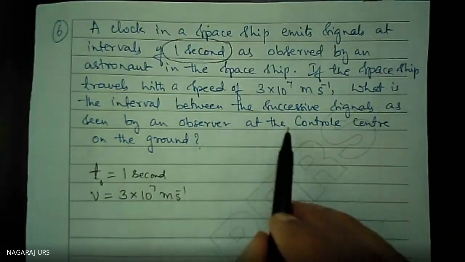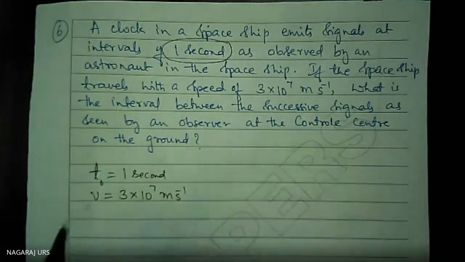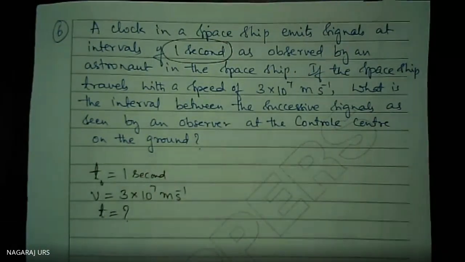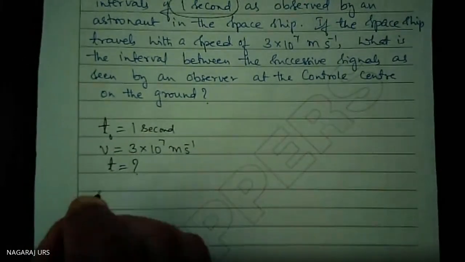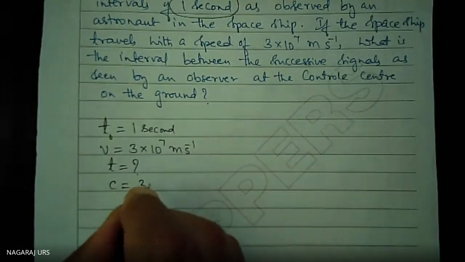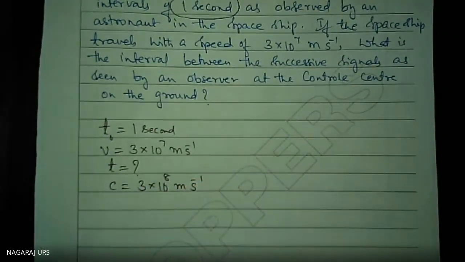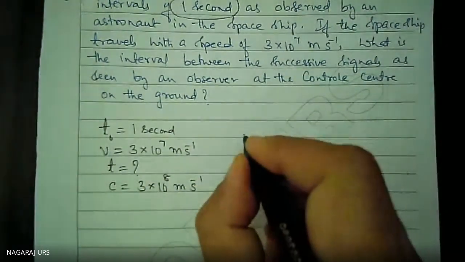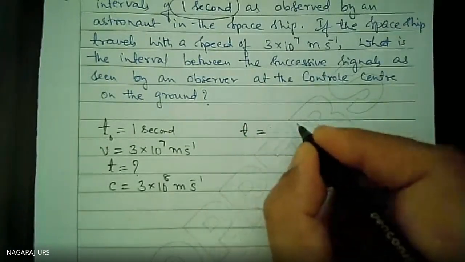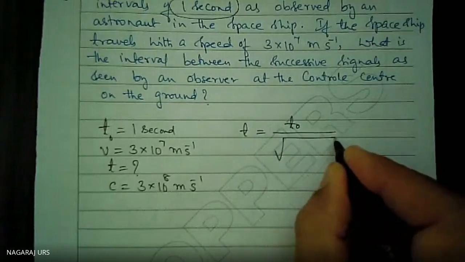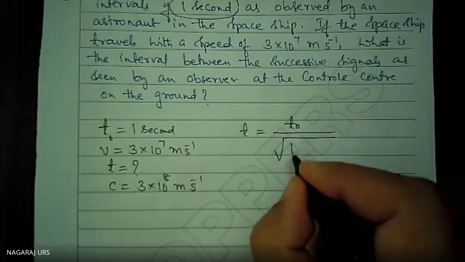What is the time interval observed from the ground? So T is equal to how much? Where of course C is equal to 3 into 10 to the power 8 meter per second. Formula: T equals T0 divided by square root of 1 minus V square divided by C square.